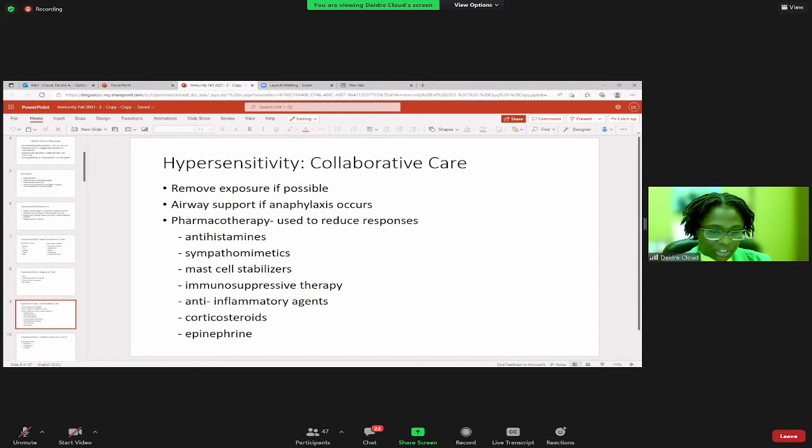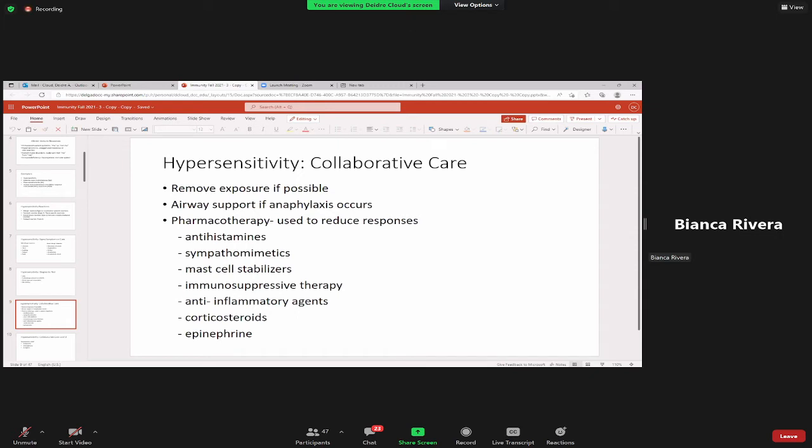So what's the teaching again? Patient goes home on a tapered dose of prednisone. What are we teaching them? That it can cause hyperglycemia, so monitor blood sugars if they're diabetic. It can cause elevated blood pressure and urinary retention, so keep an eye on that if they have blood pressure issues.